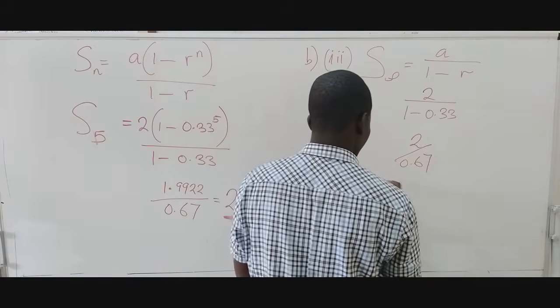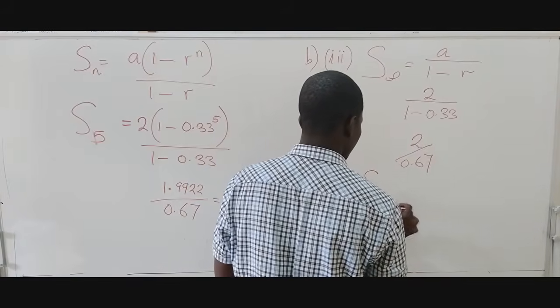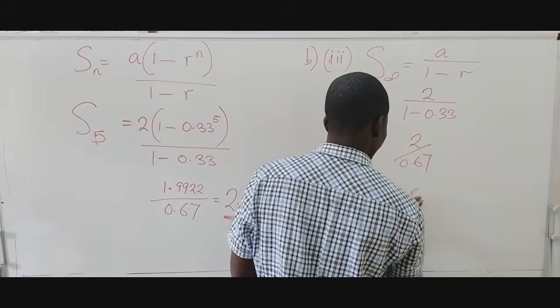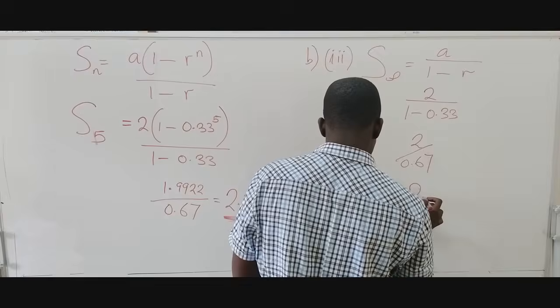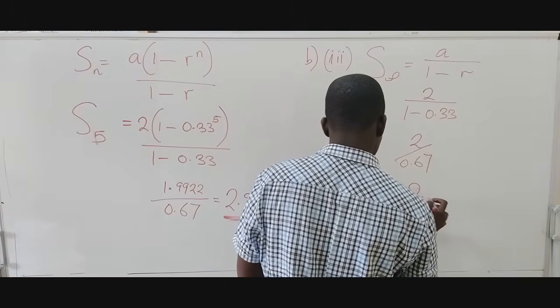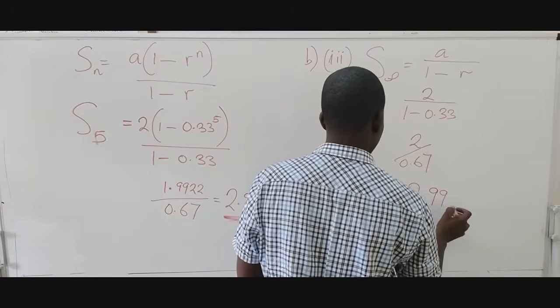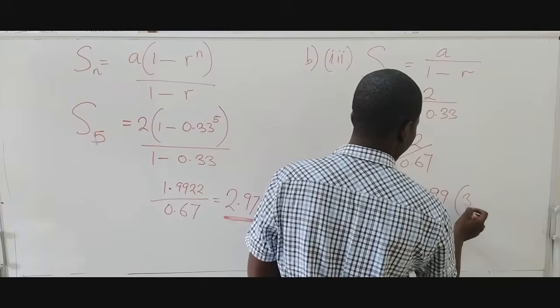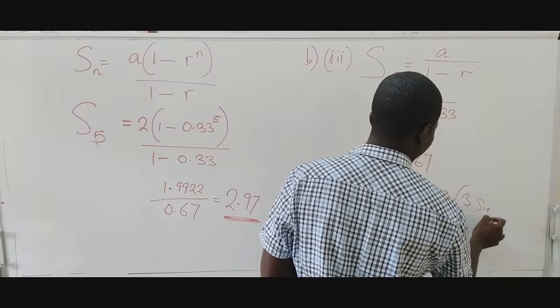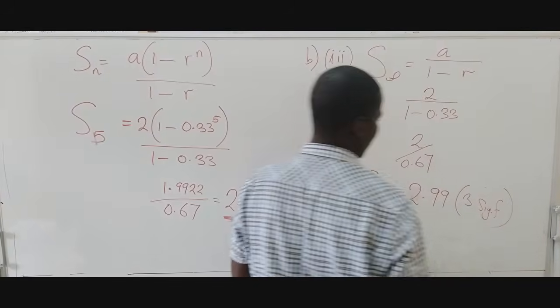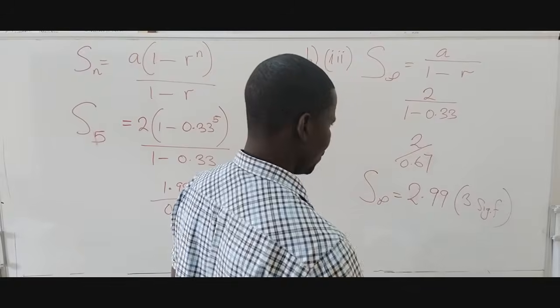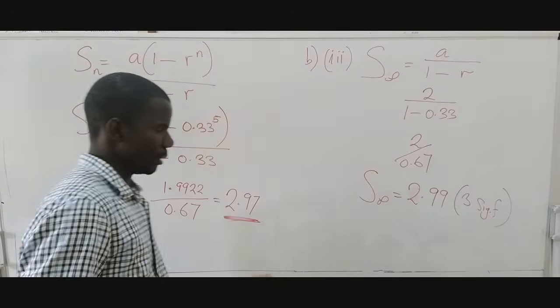Again, here we're going to get the sum to infinity is equal to 2.99 when we round off to 3 significant figures. That's what we're going to get.